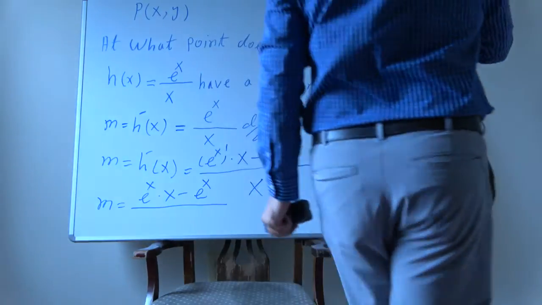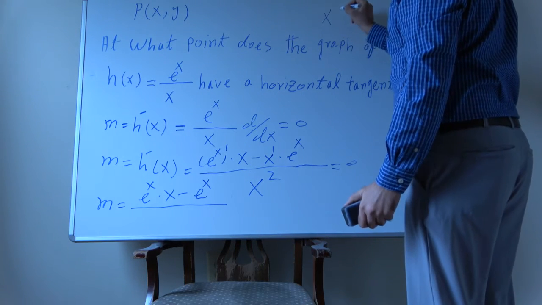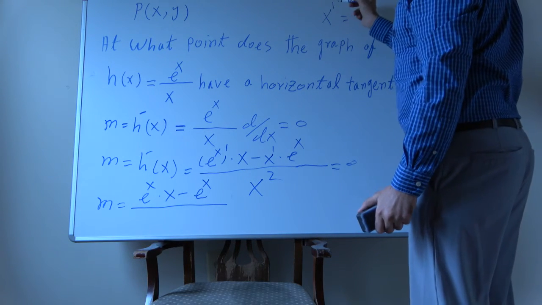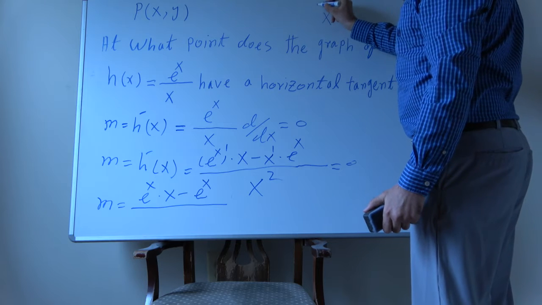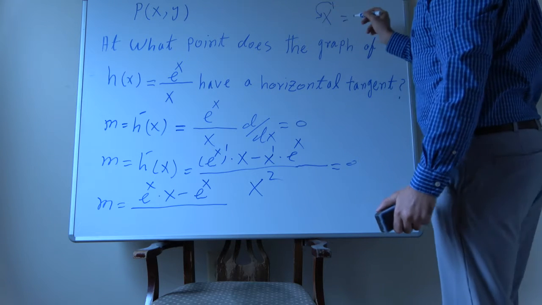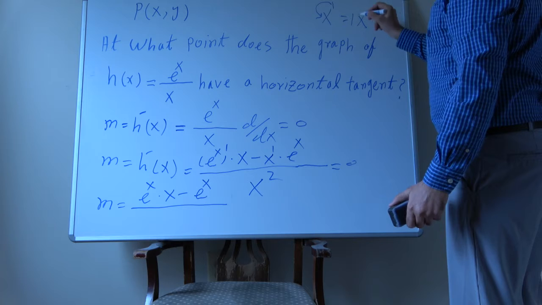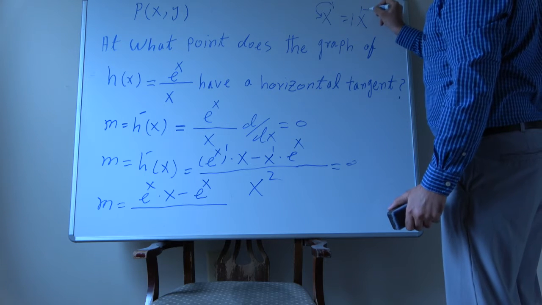The derivative of x is 1, because it has power 1, and I bring it down, so it will be 1, and 1 minus 1 is 0.